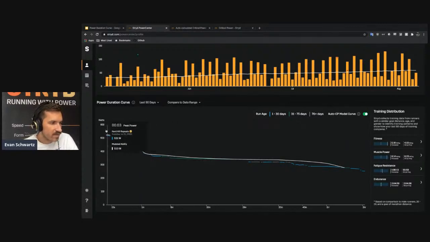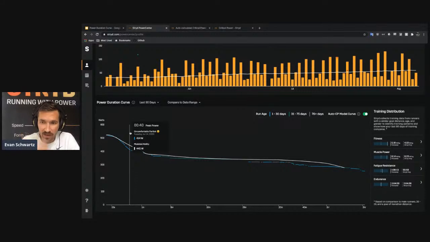If we look at this section from 0 seconds, 1 second, all the way to 1 minute, we have this scaling. Then as we go from 1 minute to 5 minutes, it scales a little bit differently too. The inflection point is a real thing though, as a runner that has really good speed resistance, specific fatigue resistance as well.